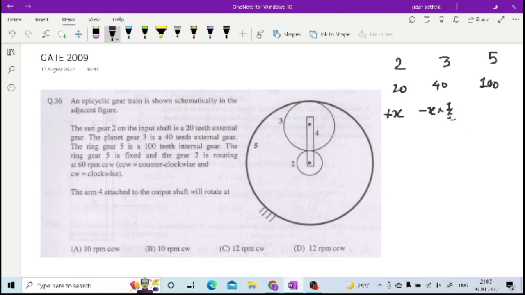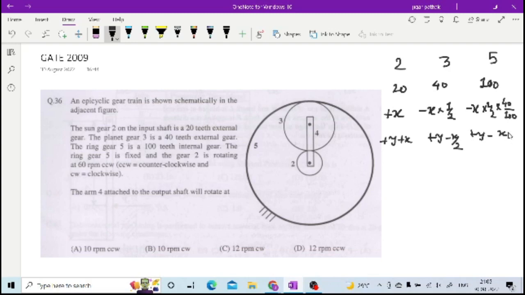Now when you go from 3 to 5, the direction will not change, so the sign will be as it is, minus x into 1 by 2 into again driver and driven, so 40 by 100, 2.5. So this way you can add plus y also here.